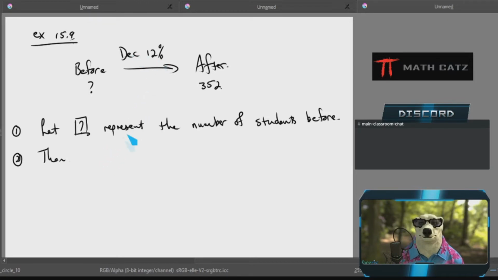So it's a decrease of 12%, which means I'm going to go down from the base by the decimal version of 12%, which is 0.12. Down from 1 will be 0.88, multiplied by the initial amount, which I can represent, and I get 352.